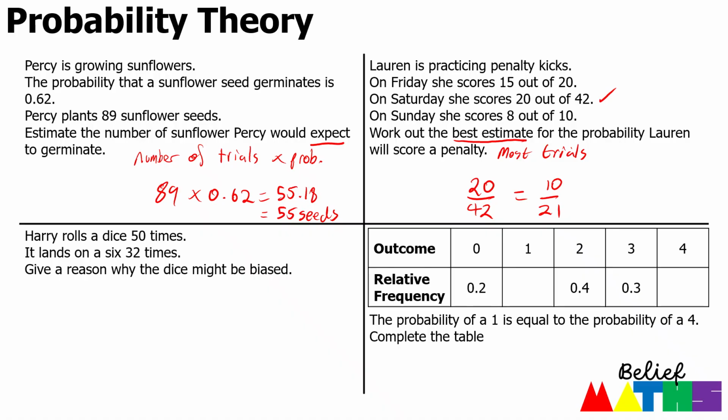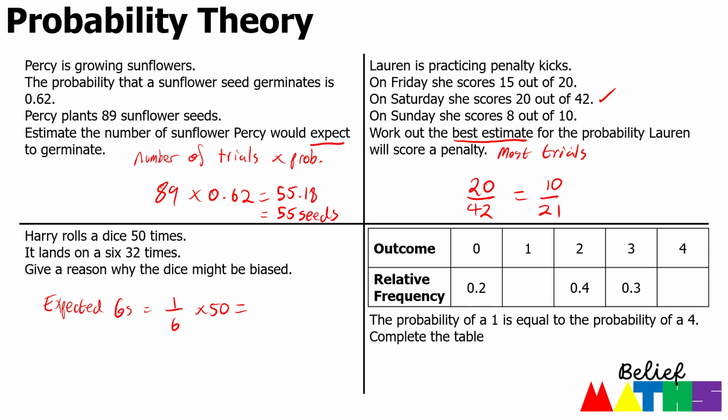The next one says Harry rolls a dice 50 times, it lands on a 6 32 times. Give a reason why the dice might be biased. Now this is back to expected value. If we look at the expected number of sixes, you would expect 1/6 times 50.